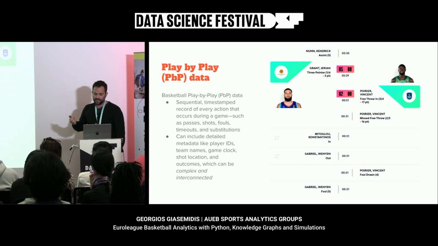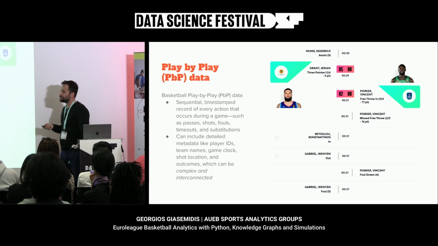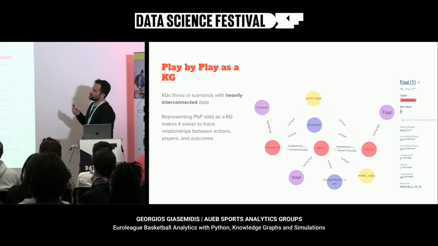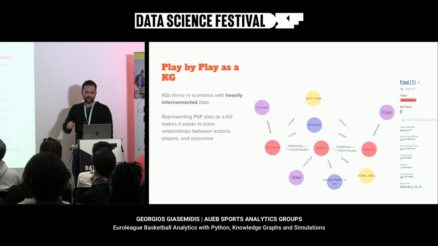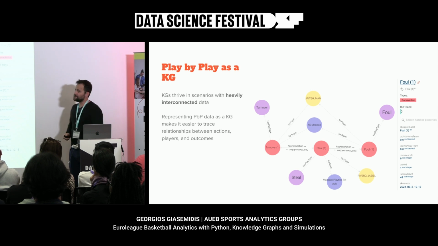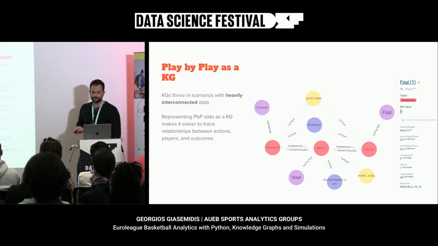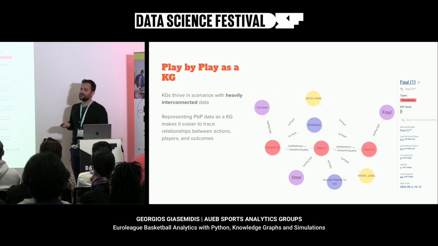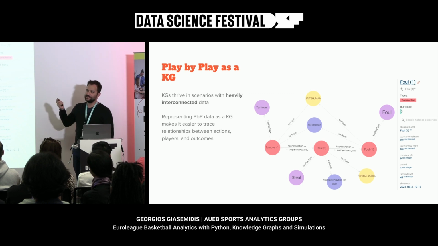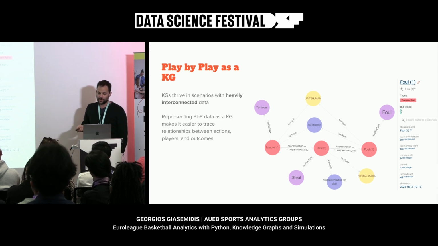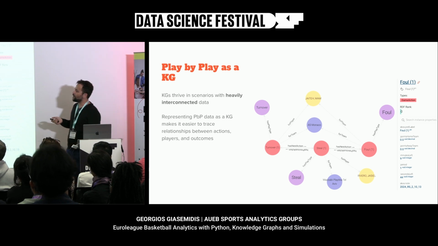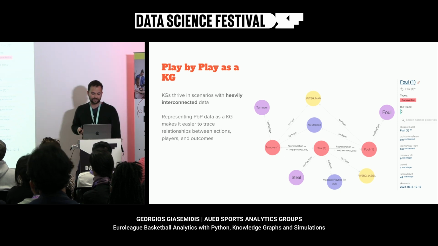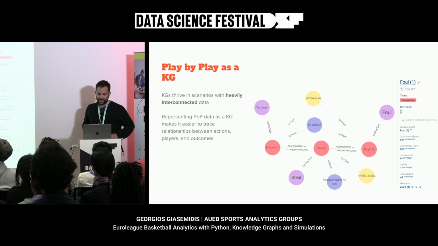So the point is that all this information is complex and interconnected. Okay? And what thrives with heavily interconnected data? Knowledge graphs. Okay, that was the brilliant idea that Nikos and Stratos had. So this is heavily interconnected data. Why don't we put the play-by-play data on a knowledge graph?